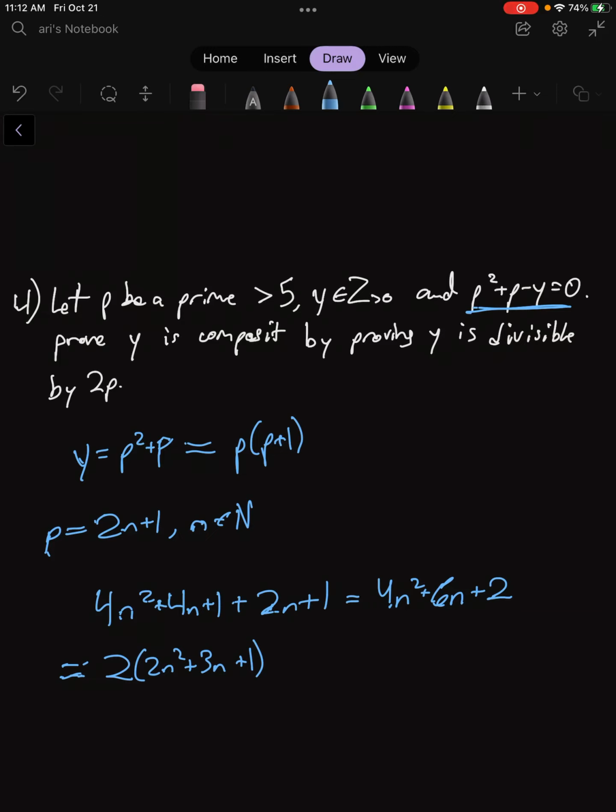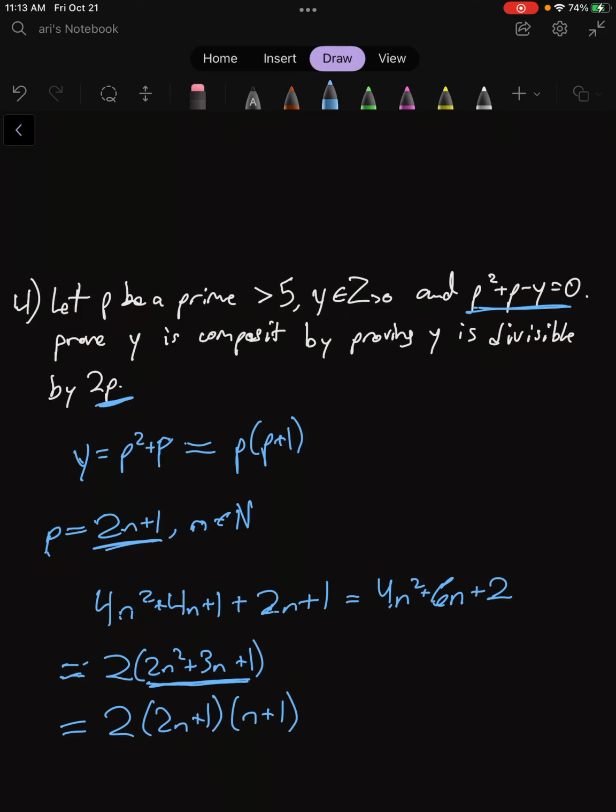And then this you kind of have to look for, but our goal is to factor out also another p, and p we've set equal to 2n plus 1. So is there a way to factor out a 2n plus 1? I think there should be. 2 times (2n plus 1), and we have to multiply that by (n plus 1).